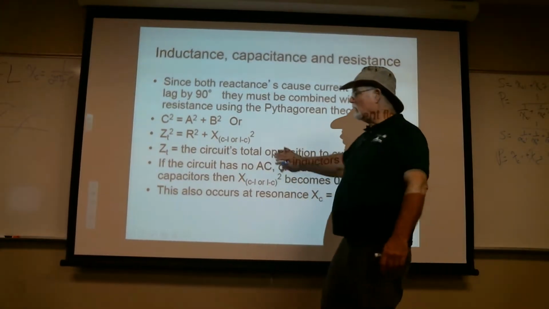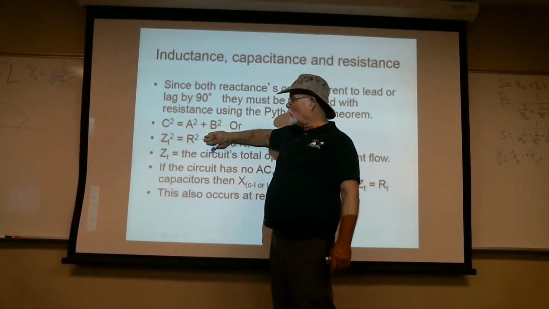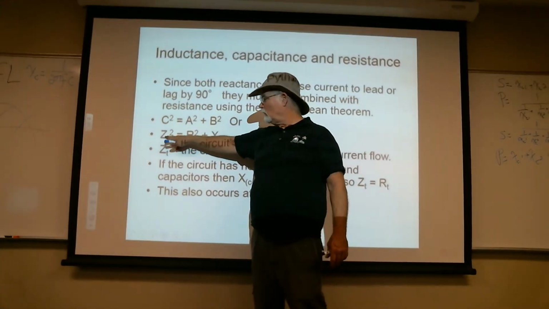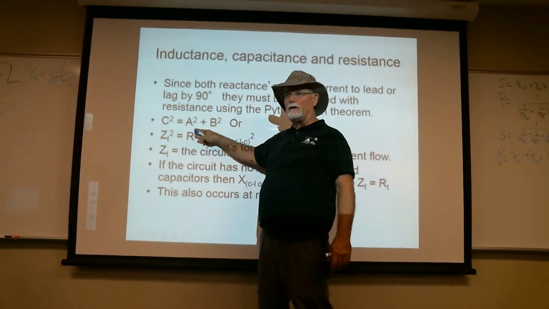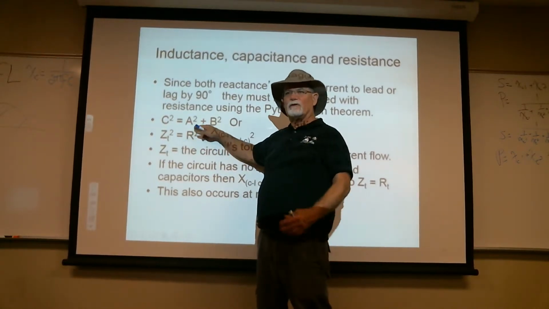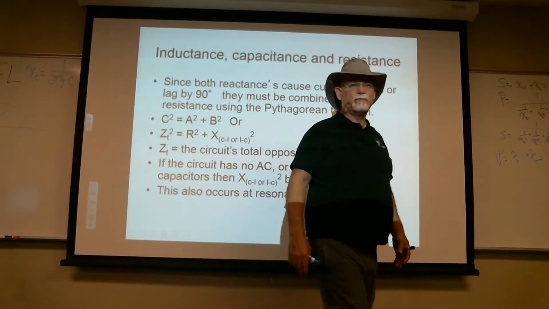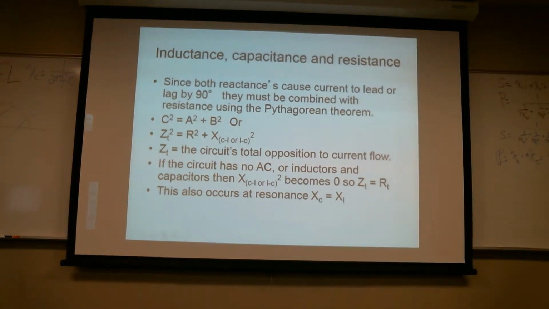So now, if this becomes 0, Z equals the square root of R squared. Well, the square root of something squared is that something. So technically this applies to a DC circuit, it just becomes a moot calculation because the value of capacitive and inductive reactance went to 0.